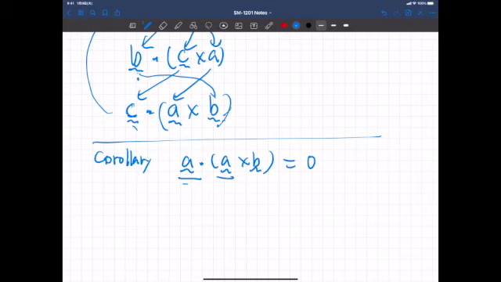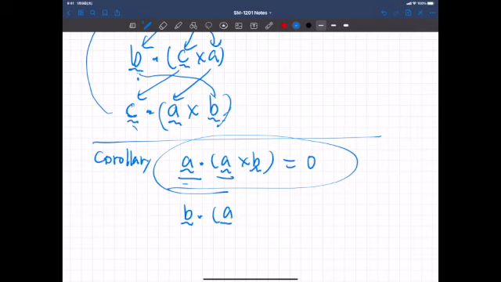Two rows contain the same vector A. If two rows are the same in a matrix, then its determinant is 0. So therefore this result. You should check that. And of course we have B dot (A cross B) equal to 0 also, for the same reason.